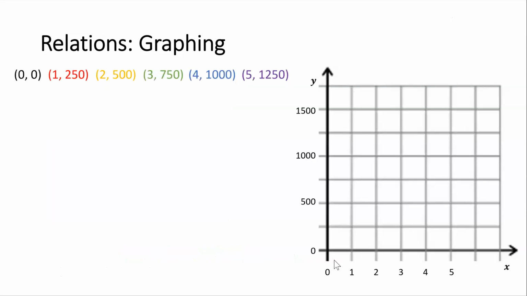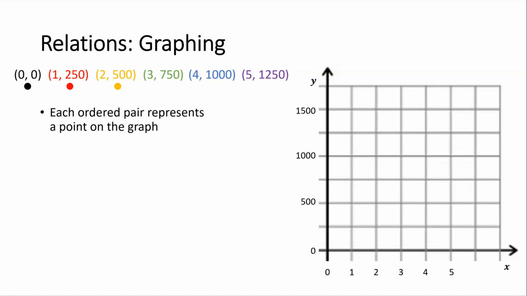So when graphing, know that each of those ordered pairs represents a point on the graph. So the 0, 0 is a point, the 1, 250 is a point, the 2, 500 is a point, on and on. And each of those points, they belong somewhere on this graph. Now, how do we find out where they lie?